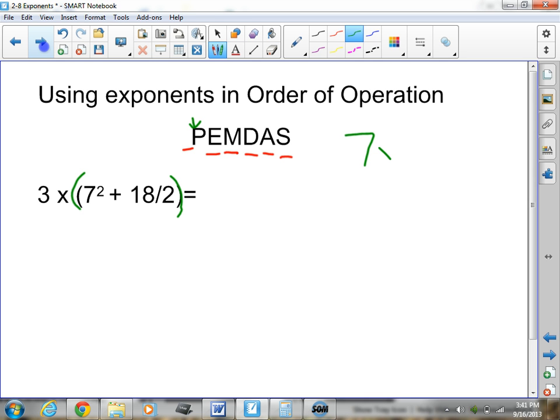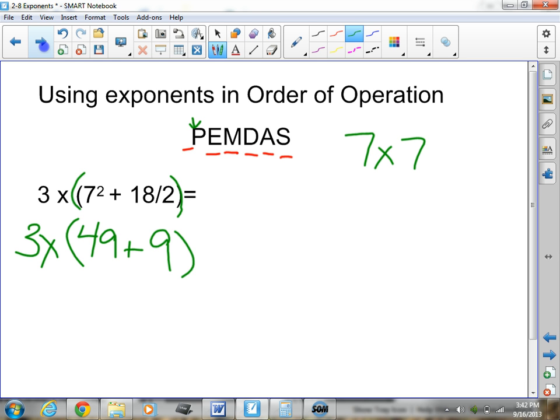Well, I know that 7 to the second power is 7 times 7. And 7 times 7 is 49. So I have 49 plus 18 divided by 2. 18 divided by 2 is 9. Now I can do my parentheses because I have taken care of everything inside the parentheses.